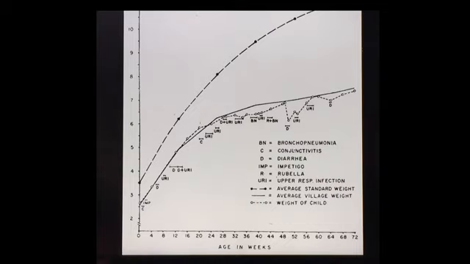So this one child is born, and you're going to see on this little dotted line these little circles which represent actual disease entities.